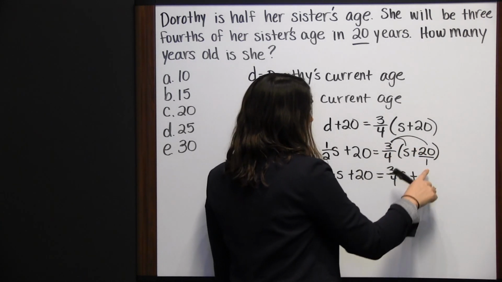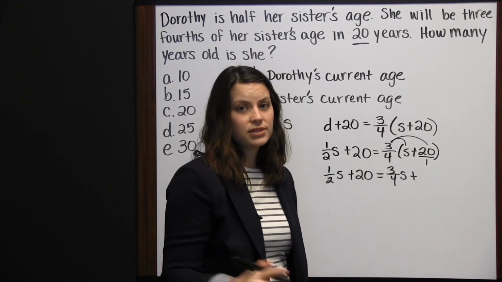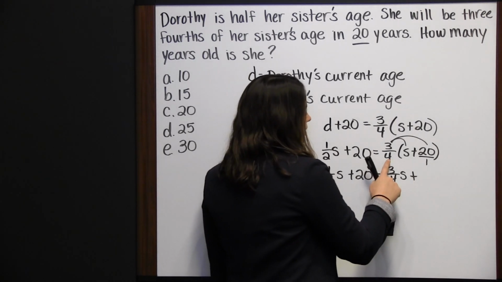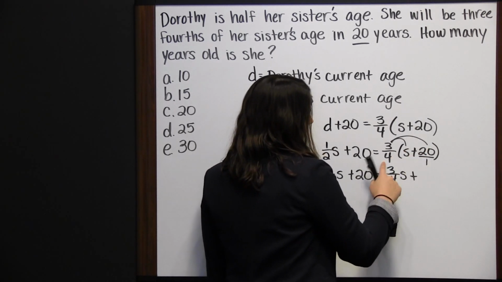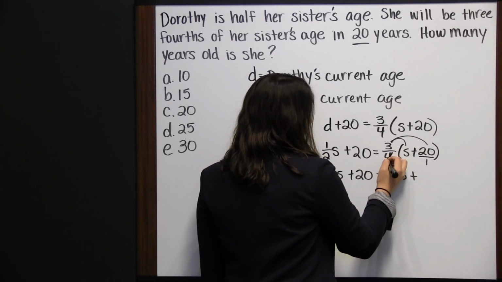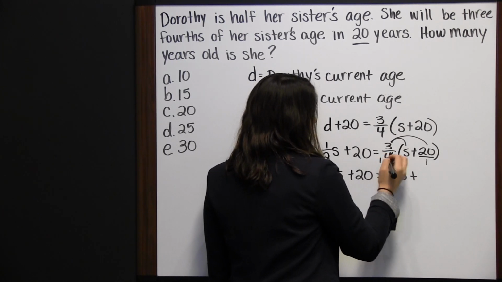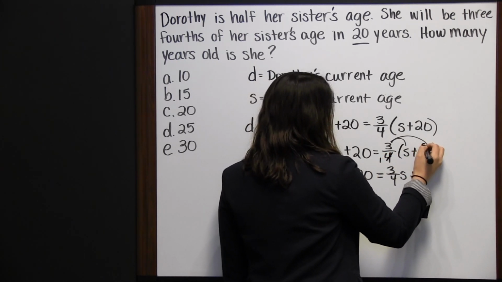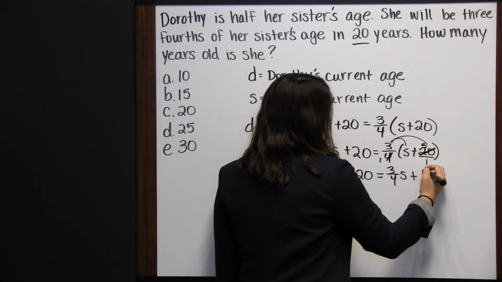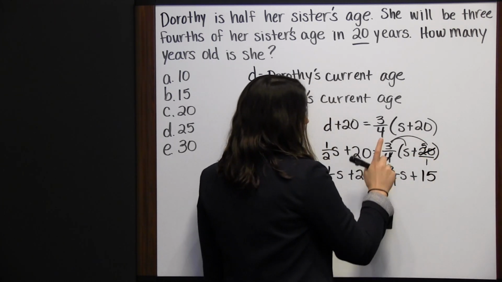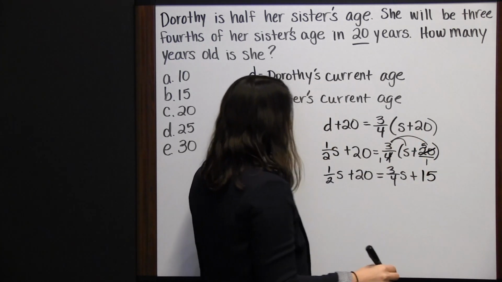I'm simply multiplying two fractions together so I can use this shortcut. I'm going to divide both 4 and 20 by 4. 4 divided by 4 is 1, and 20 divided by 4 is 5. So 3 times 5 is 15. 3/4 of 20 is 15.